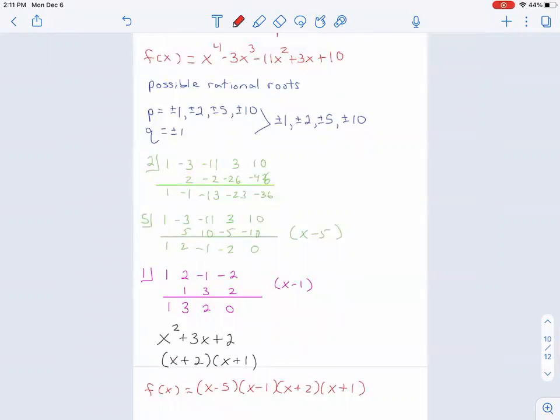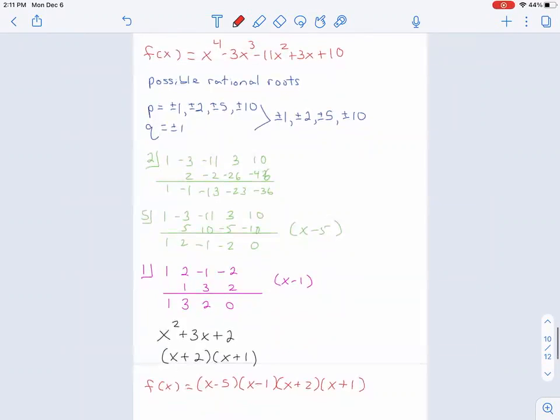So the question was, oh wait a second, can we recap that? So let me recap. I wanted to factor this thing. It's a fourth degree, so I could have up to 4 factors. First I had to find my possible roots, which would give me my possible factors.